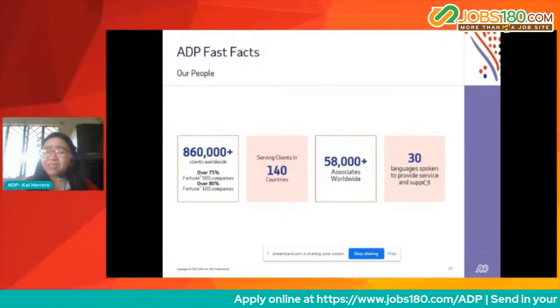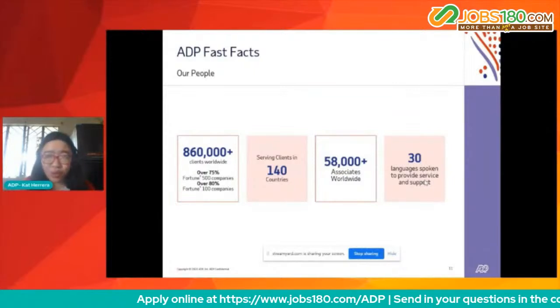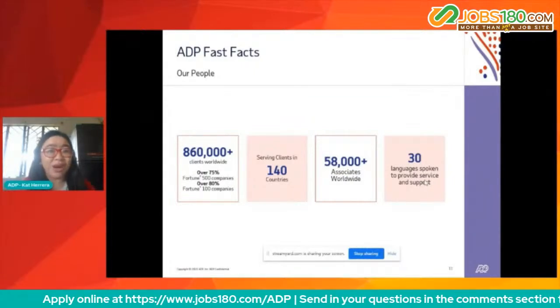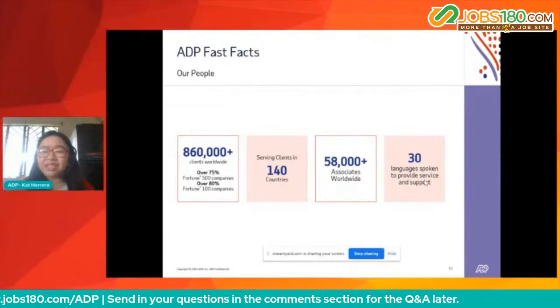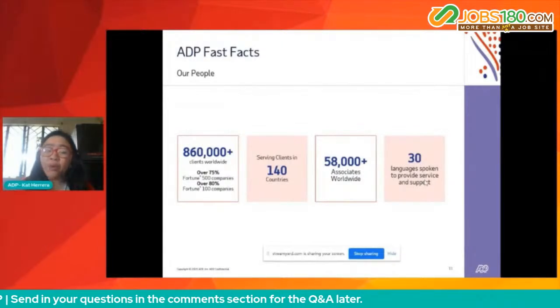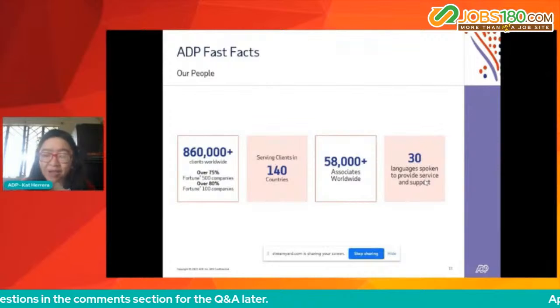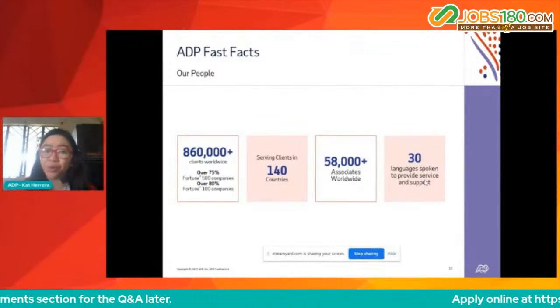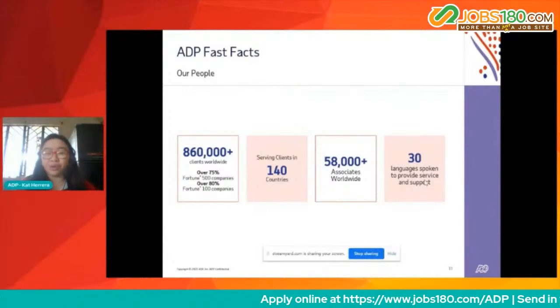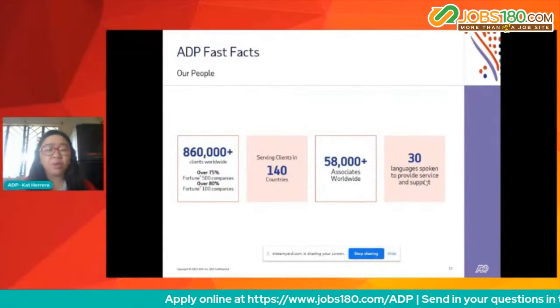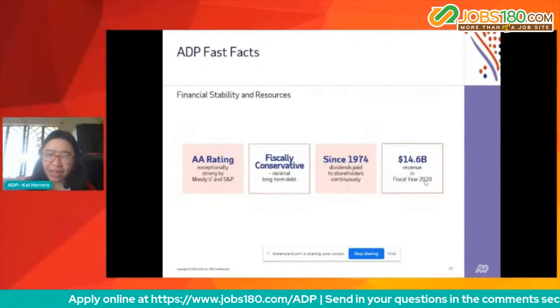So if this does not display growth and stability for you, then I don't know what would, right? We also serve 140 countries, and we have more than 58,000 associates worldwide. And 30 languages are spoken to provide service and support. So we are indeed worldwide.